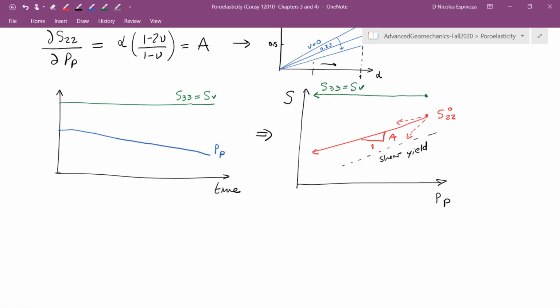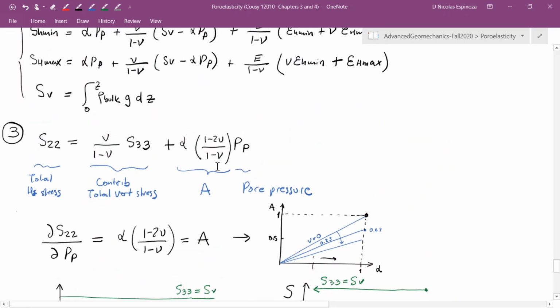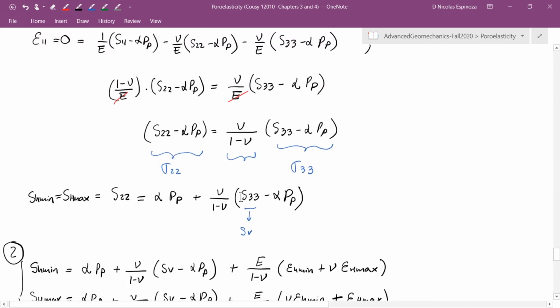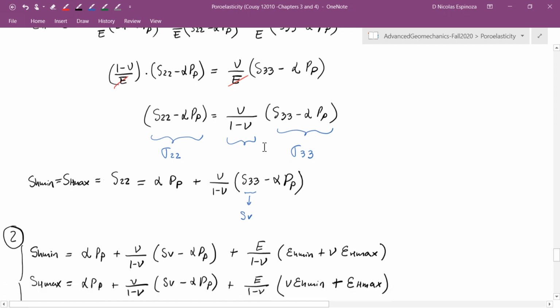In order to do that, what I'm going to have to do now is to see what is the change of effective stress with the change of pore pressure. And for that, the equation that I need is the one that relates the change of effective stress with pore pressure. And the result is going to be the following.